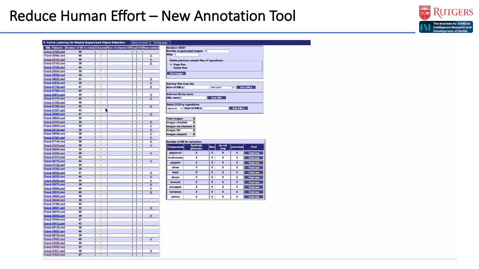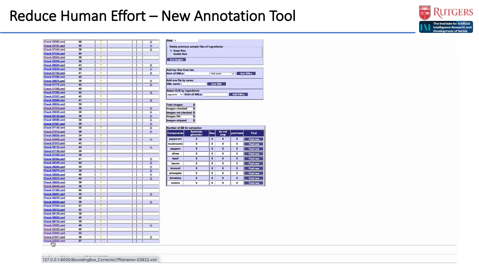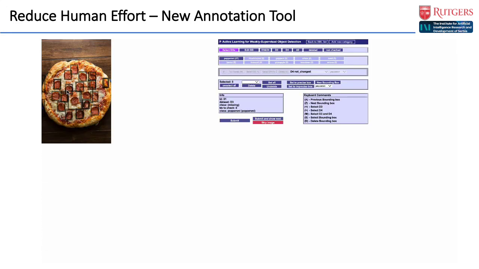In our approach, all images from the most recent active learning cycle are presented to the annotator in an ordered list according to their acquisition scores. Each image contains many predicted bounding boxes with class labels generated by both student and teacher networks.